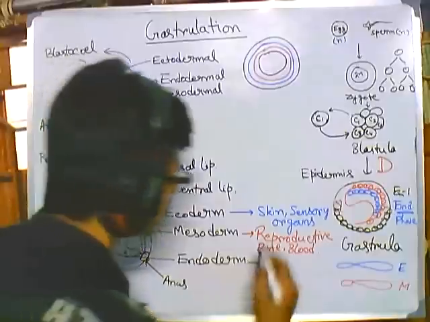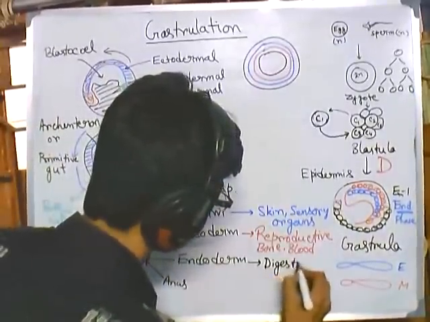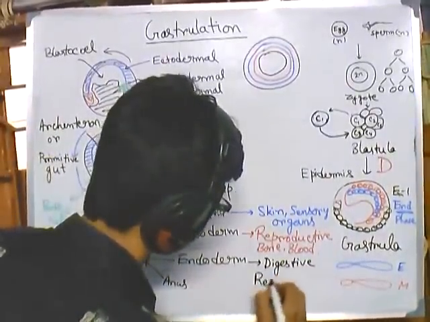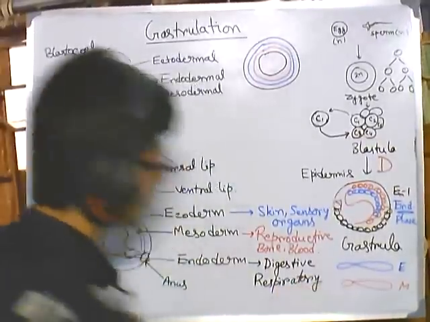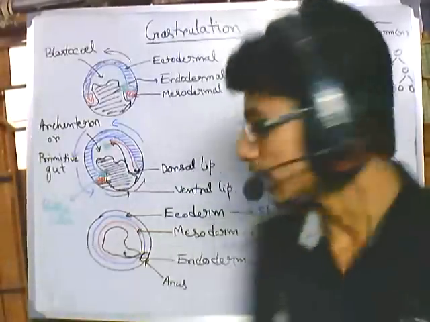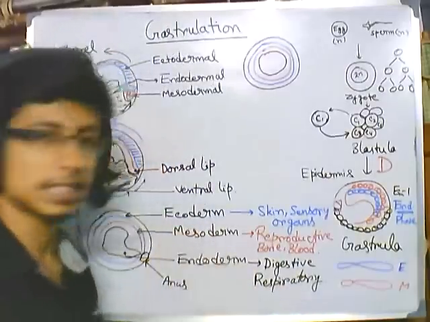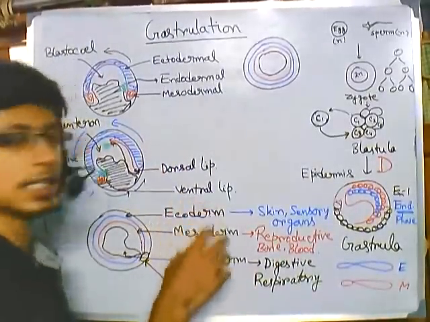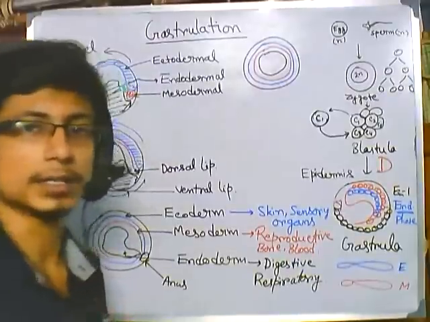The endodermal cells will produce the digestive system and respiratory system. Okay, so these ectodermal, mesodermal and endodermal cells are specialized cells. They will generate specific organ systems in the organism's body.